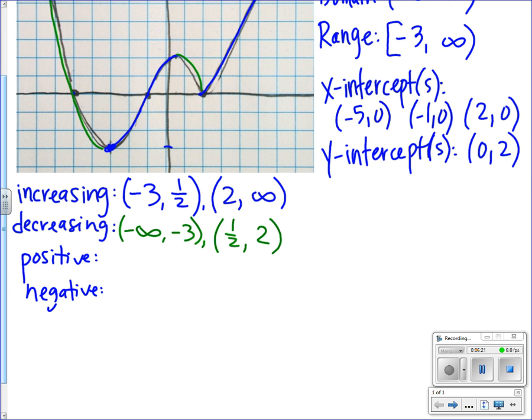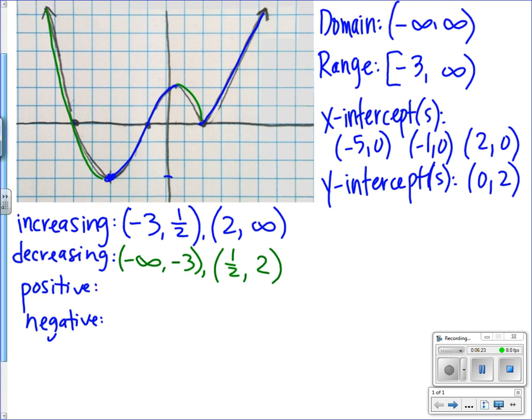So positive, and this we wrote in our vocab yesterday, is where the function is above the x-axis. So everything above. So I'm going to just highlight it in black what's above. So we have this part of the function, and then we have this little loop-de-loop, but then is it going to go below right there? No, it's actually going to stay positive. It's just going to touch and go back up. So that is all positive right there.